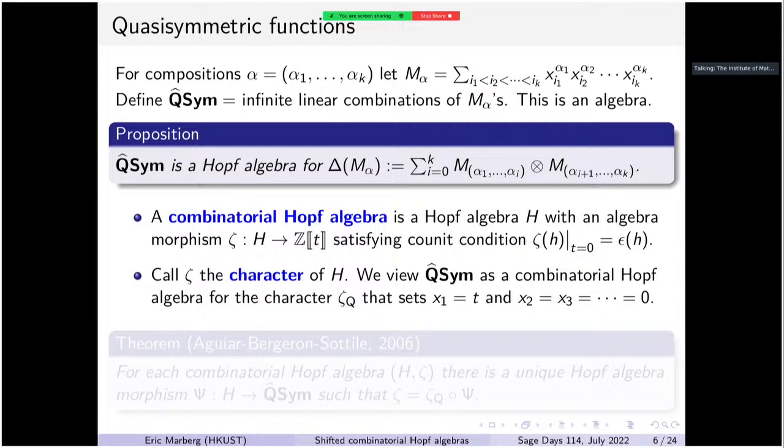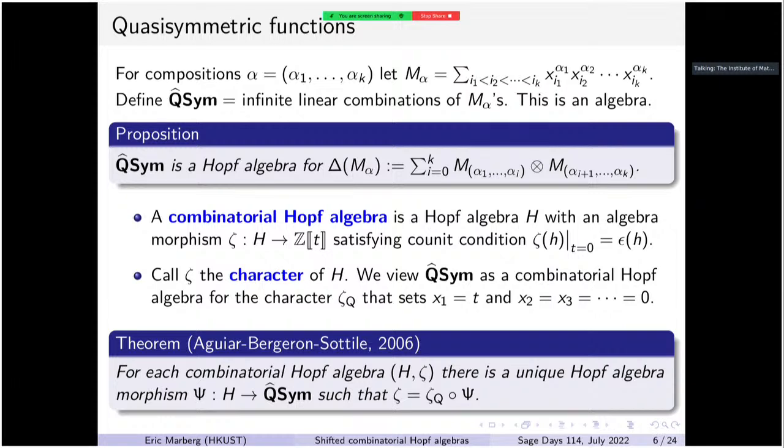So in this setup, we have a Hopf algebra. We have this algebra morphism with this very mild condition, and then we view quasi-symmetric functions as a pair of this form, where we take the character to be the map that sends one variable to t and all the rest to 0. So you could rephrase this as sending any one variable to t and the rest to 0.